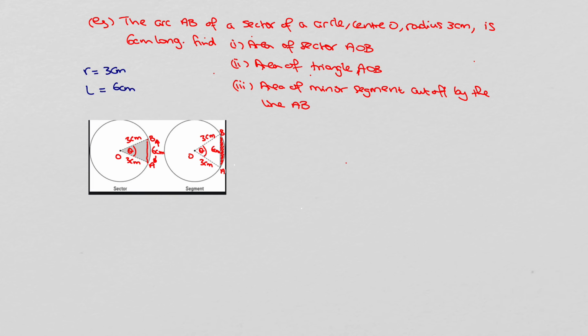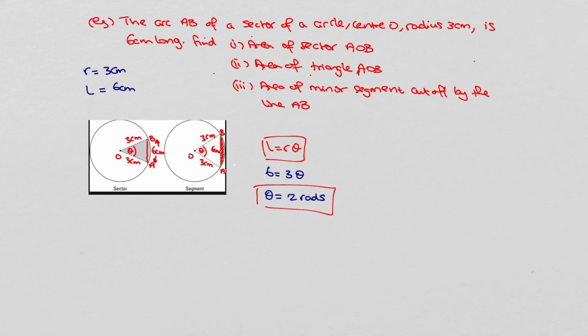So the first thing we need to do is figure out what is the angle theta. I know that L is equal to r theta, and we're given L, it's 6, we're given r, it's 3, and therefore theta must be 6 divided by 3, which is of course 2 radians. So I've worked with my radians formula here. If you've worked with your degrees formula, you need to make sure you're staying consistent throughout.